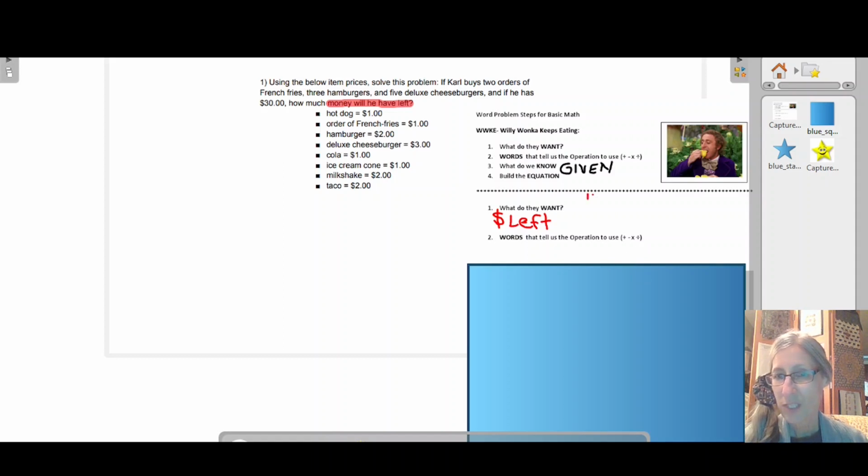So usually for addition, they usually use the word and. They could use the word sum, or the word additional, which has add in it.